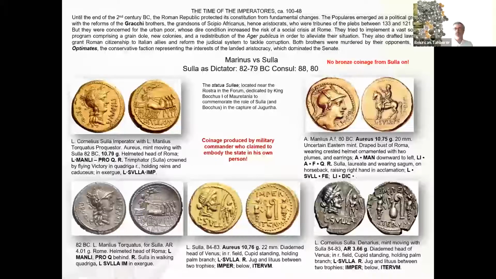Interestingly, from this moment on, bronze coinage disappears. So that only tells us something. If the bronze coinage disappears, that means the economy is not good. So the daily transactions simply had to rely on barter. And these coins simply were in the hands of the wealthy.